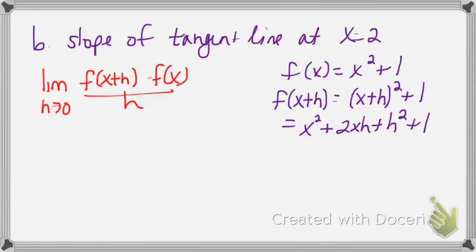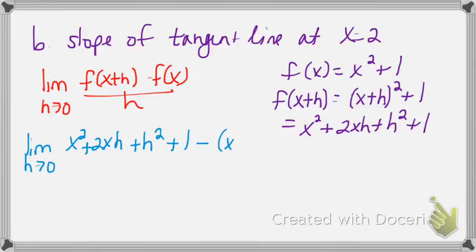So now to use the formula, we would have the limit as h approaches 0 of f of x plus h minus f of x all over h. Alright, so the x squareds will go away.